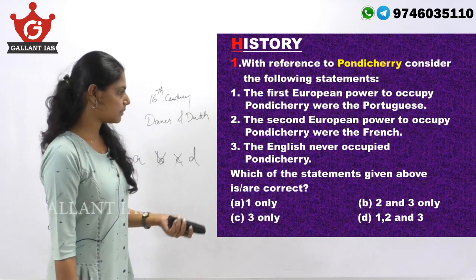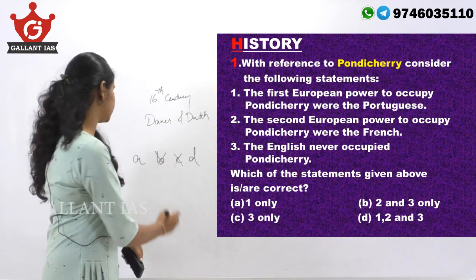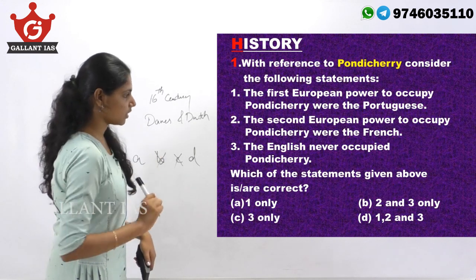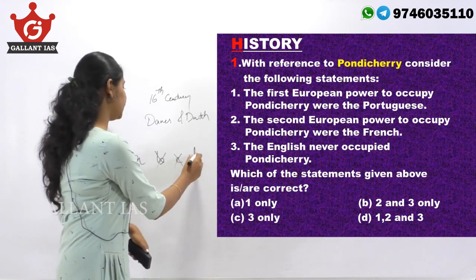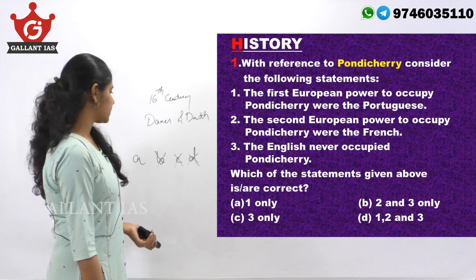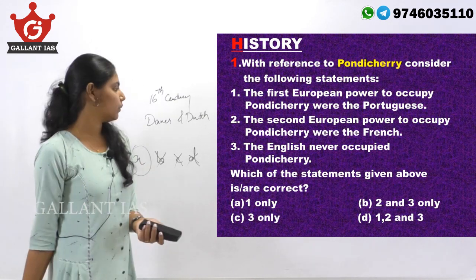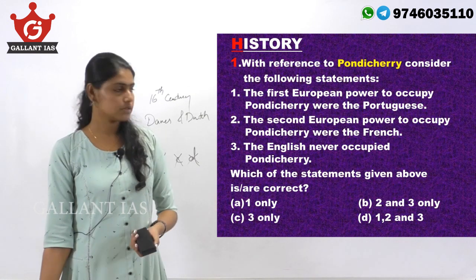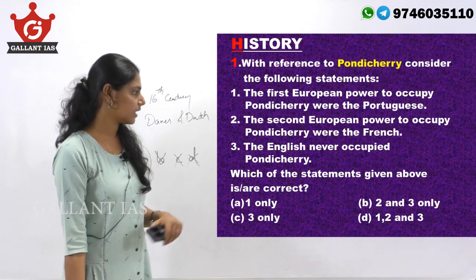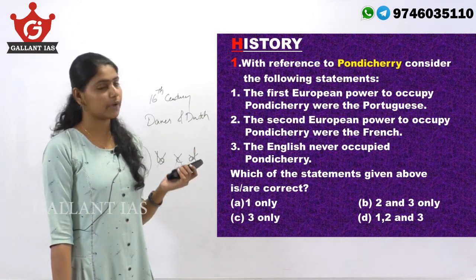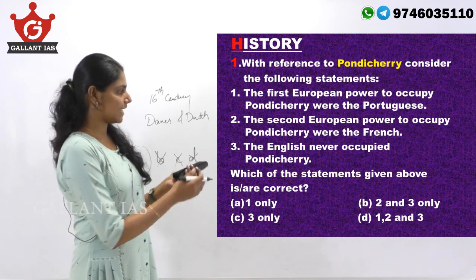If the second statement is wrong, you can eliminate option D. So your answer here will be option A, one only, which means that the third statement is also wrong. Anyway, let's look at the third statement. The English never occupied Pondicherry. Such an absurd statement.